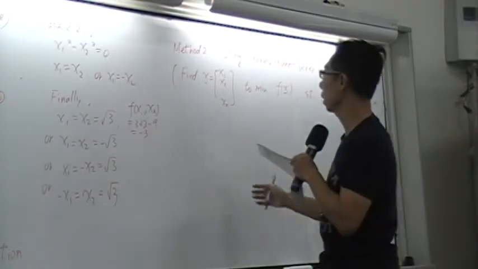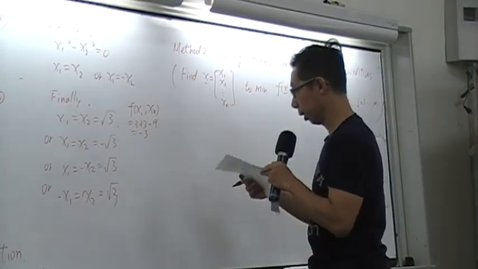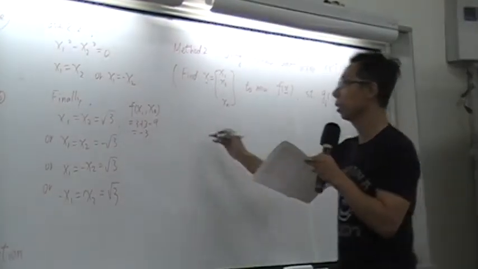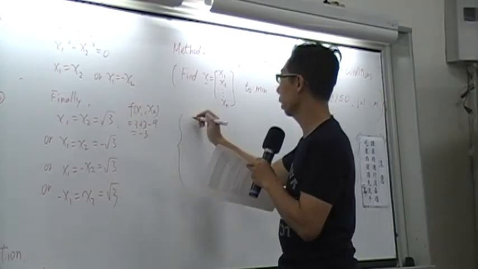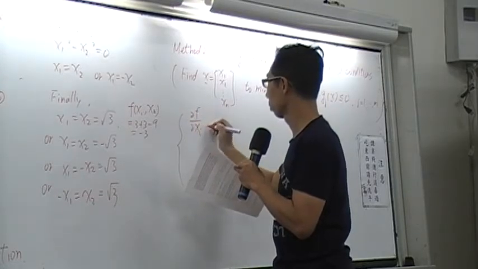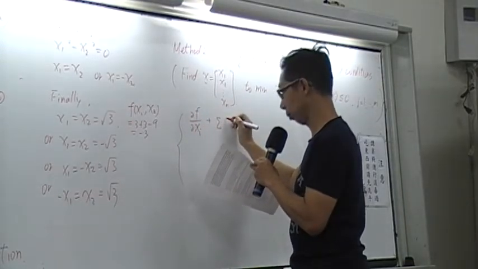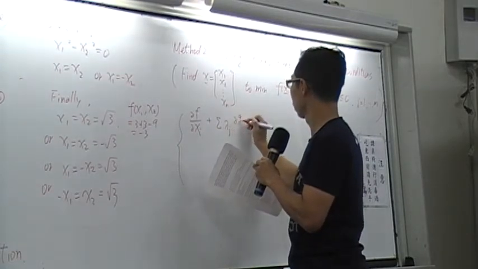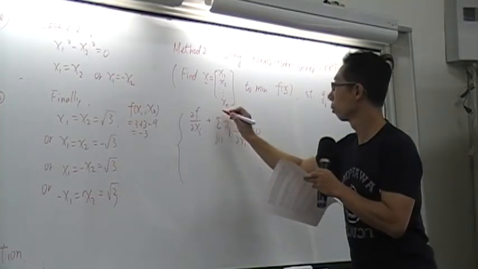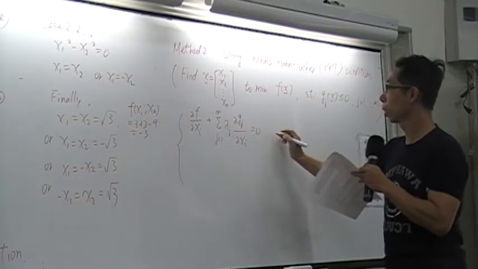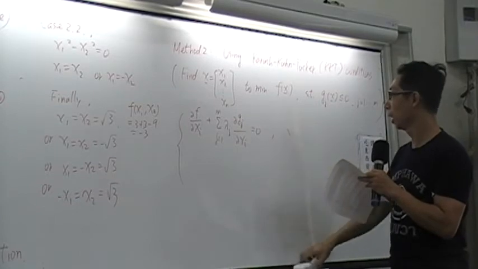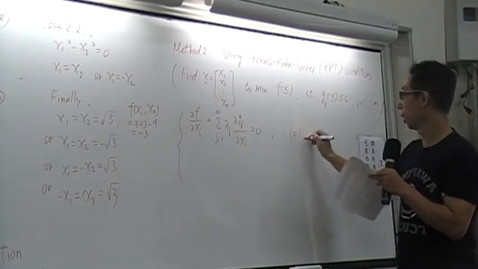Okay, and method 2 is using KKT conditions. And again, it's very similar to what we have done. But over here, let's just directly write down the KKT conditions. So the first is, I hope you guys are okay with i and j.